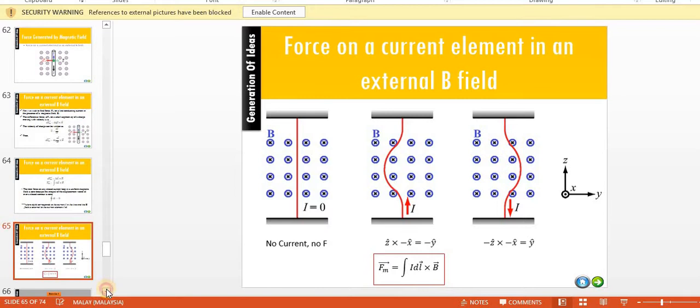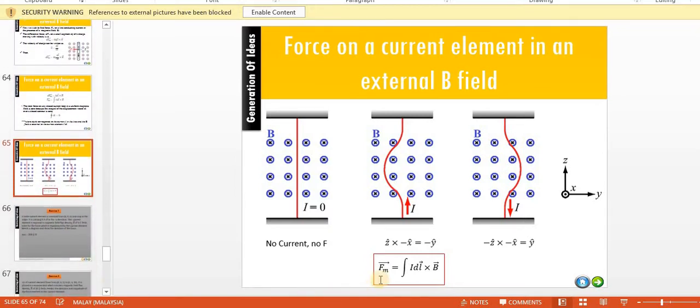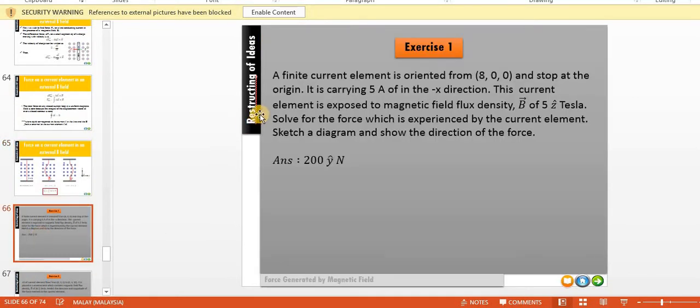We will look at an example of how to use this equation to find the force experienced by a current filament. I have a finite current element that starts at (8, 0, 0) and stops at the origin. It carries 5 ampere in the negative x direction. This current element is exposed to a magnetic flux density B equal to 5 unit vector z Tesla.